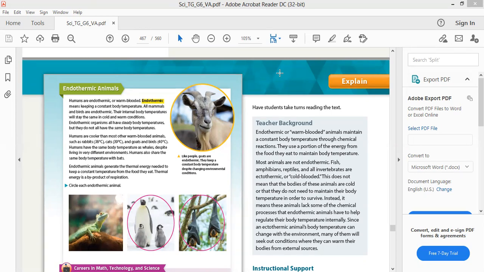So endothermic means they can keep constant body temperature whatever the condition outside is, and we call these warm-blooded. Their internal body temperature will stay the same in cold and warm conditions. Okay? So, endothermic like mammals, وإحنا منهم, والbirds.